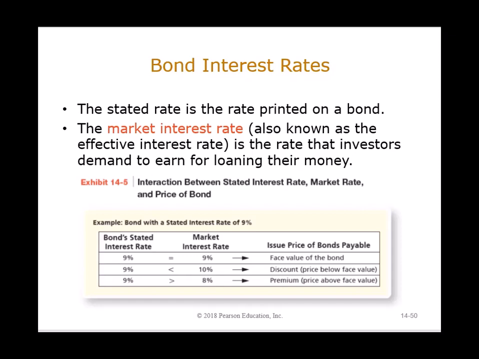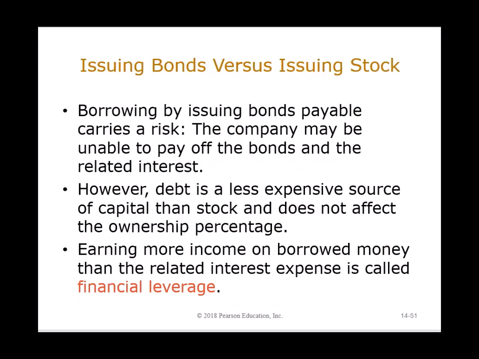They might buy it for $950 or $960 or whatever the case may be. They're going to pay less for it. Based on the amount that they pay for it, they will earn an effective interest rate that is equal to the market rate. Now, again, there are some complex calculations behind that, and we're going to look at those in just a few minutes, but that way you understand the basic theory behind issuing at a discount or a premium.